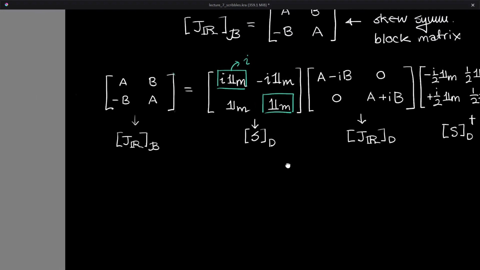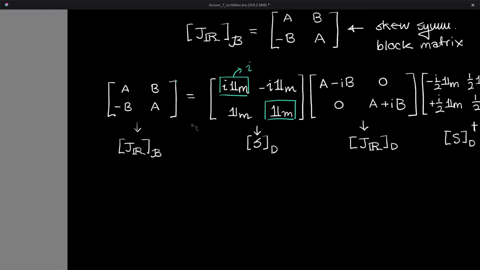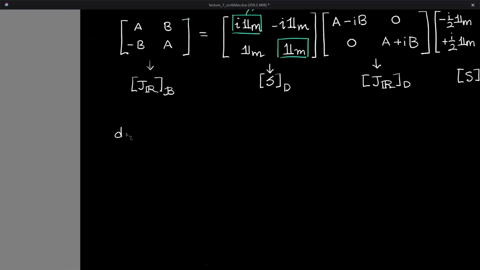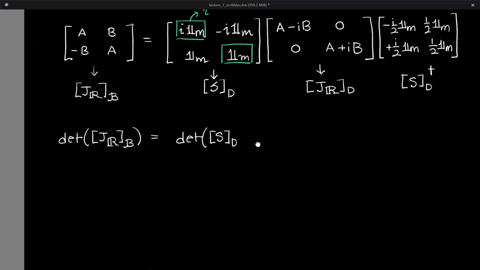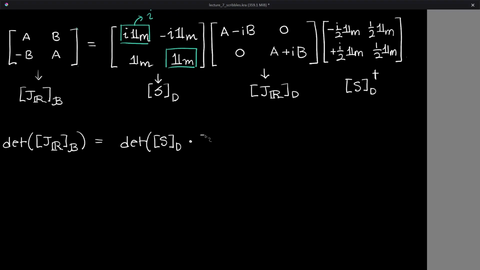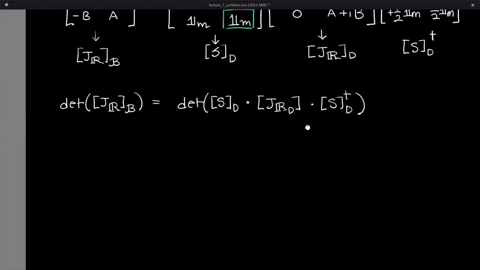So if we want to calculate the determinant of both sides, det JR in the B basis will be equal to the determinant of S in the D basis, multiplied by JR in the D basis, multiplied by S dagger in the D basis.